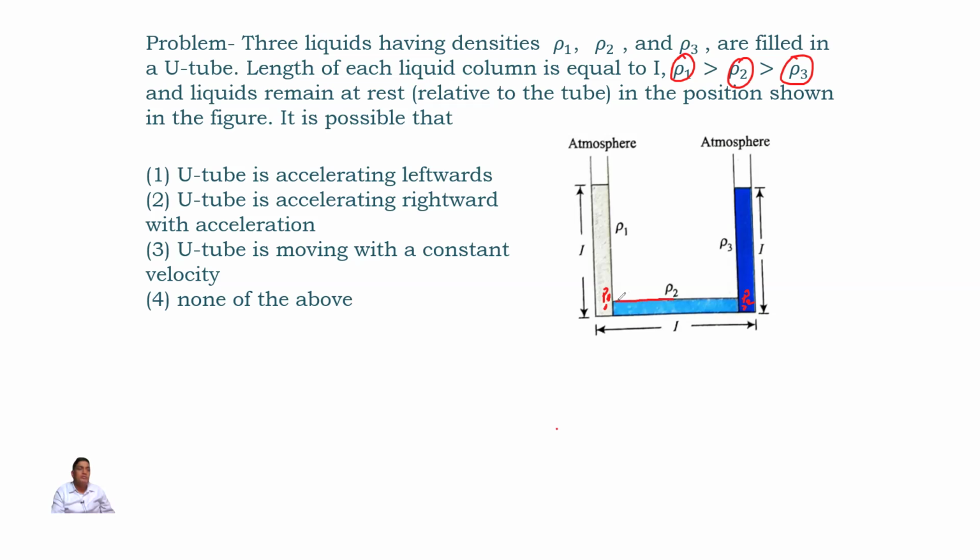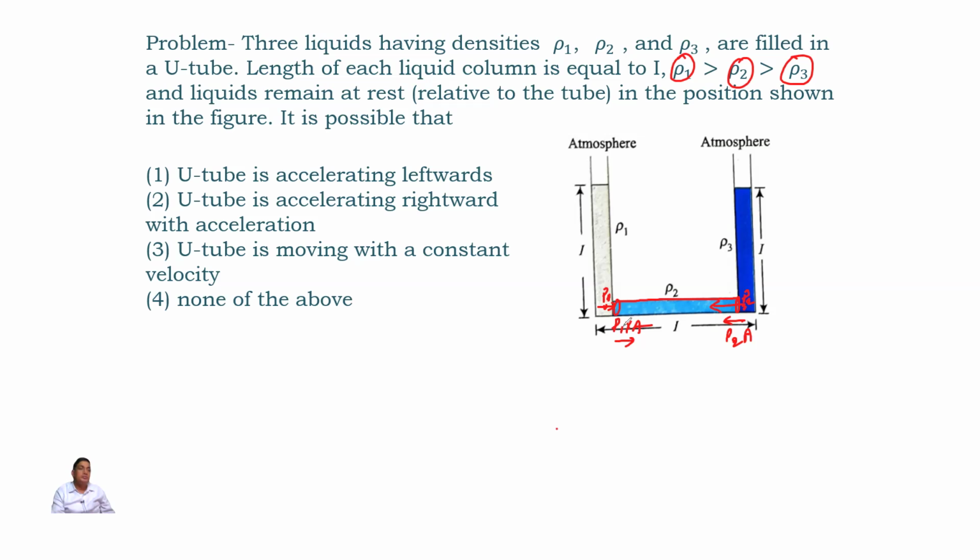So if we take this liquid like this, this pressure will exert a force on this liquid towards right, and this pressure will exert a force on this liquid towards left. So it will be P1 into area, and this will be P2 into area.